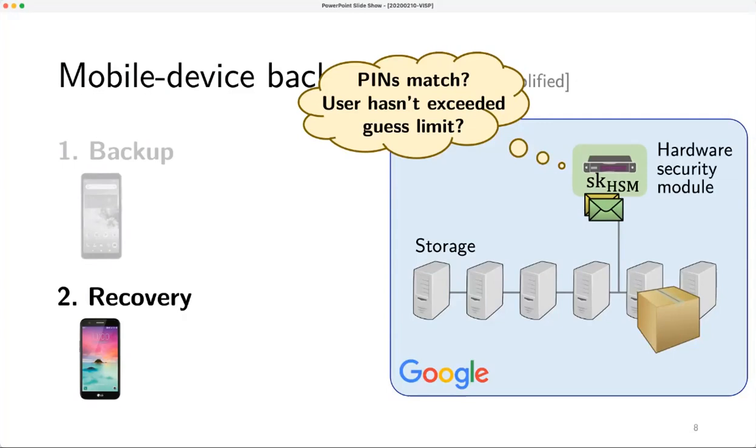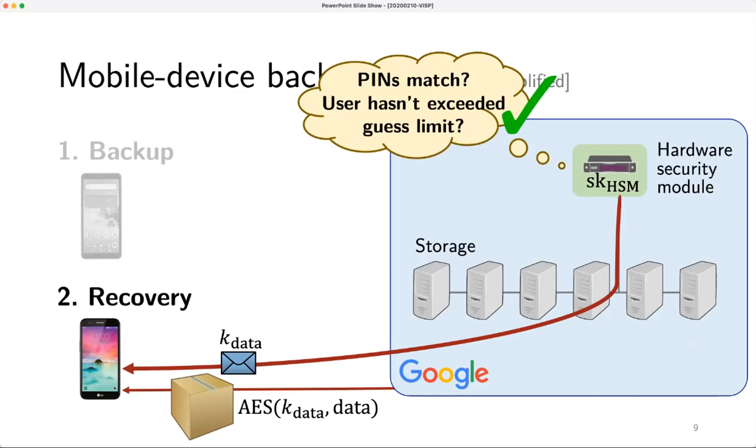So for example, you can guess 10 PINs a month, and then the hardware security module will lock your account and prevent you from doing any more PIN guesses. So if both of these checks pass, the hardware security module will decrypt this AES key that you need, and you can download this big ciphertext, download this key from the HSM and recover all of your data.